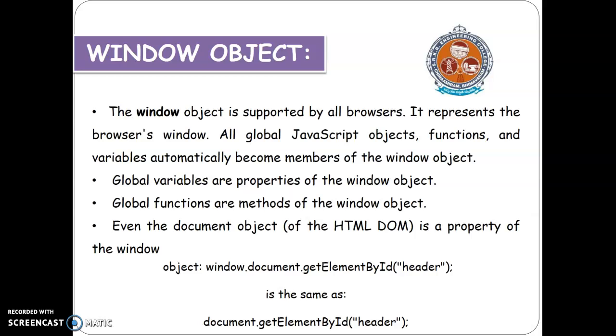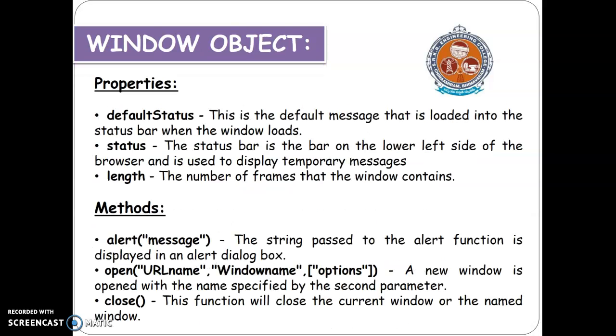Even the document object, the DOM, is a property of the window. window.document.getElementById with header is the same as what we saw previously, document.getElementById with the header in brackets, finding the element.